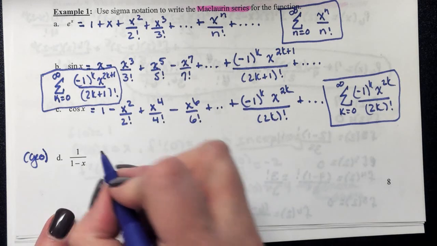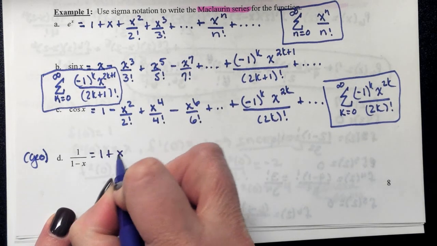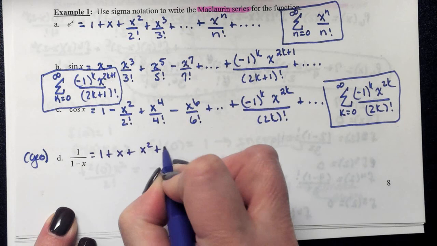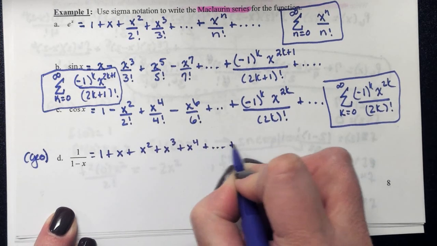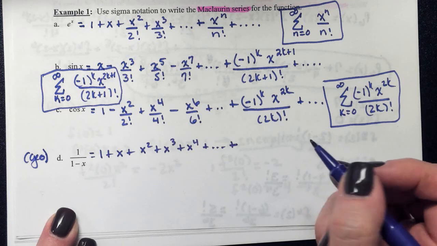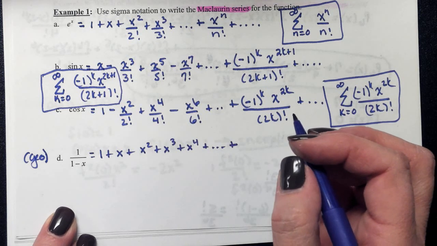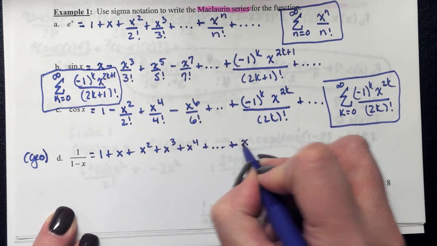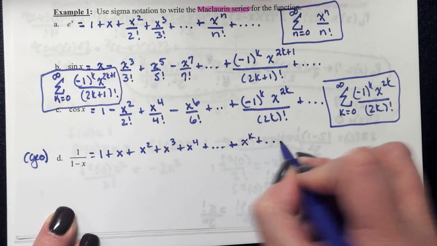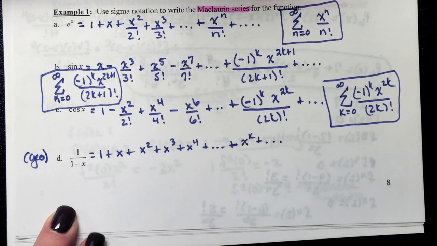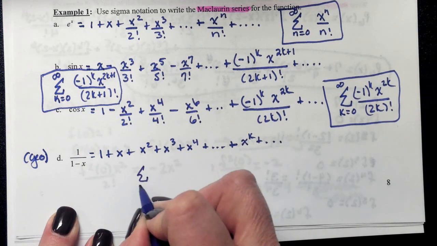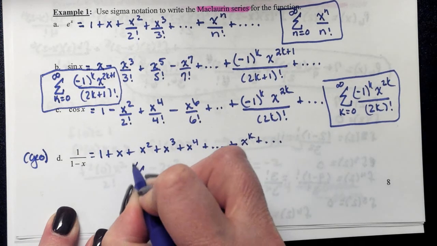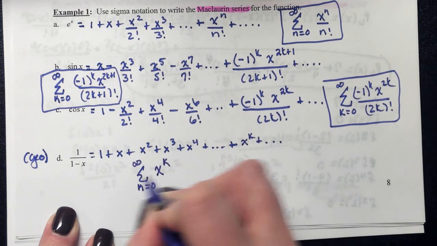So again, this particular series is 1 plus x plus x squared plus x to the third plus x to the fourth plus dot, dot, dot. What do you think the general formula would be for this particular series? X to the what? X to the k. So then in your sigma notation, this is just going to be k equals 0 to infinity of x to the k.